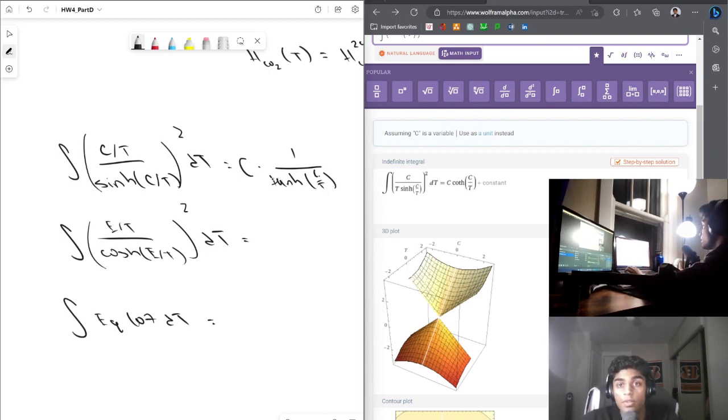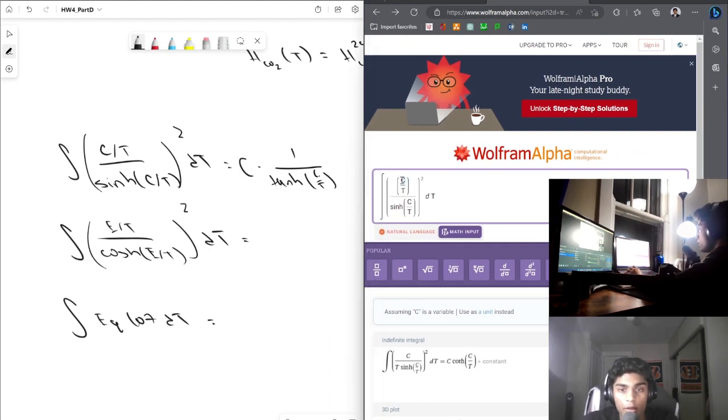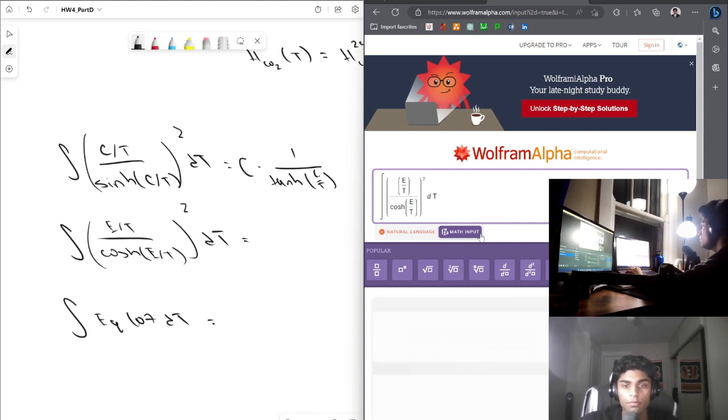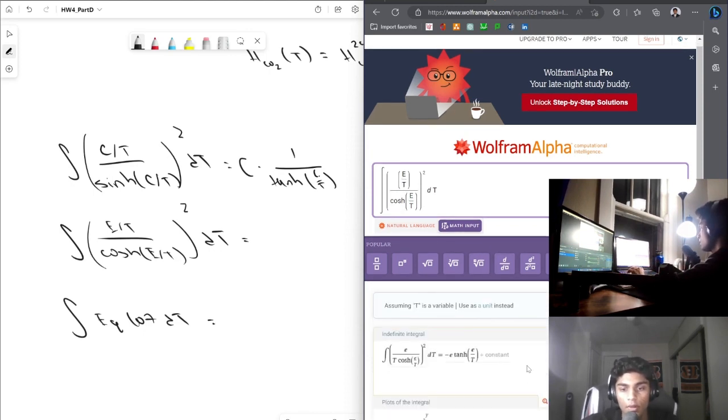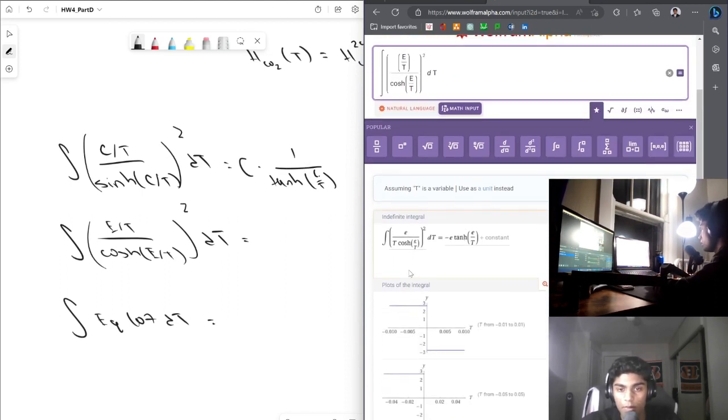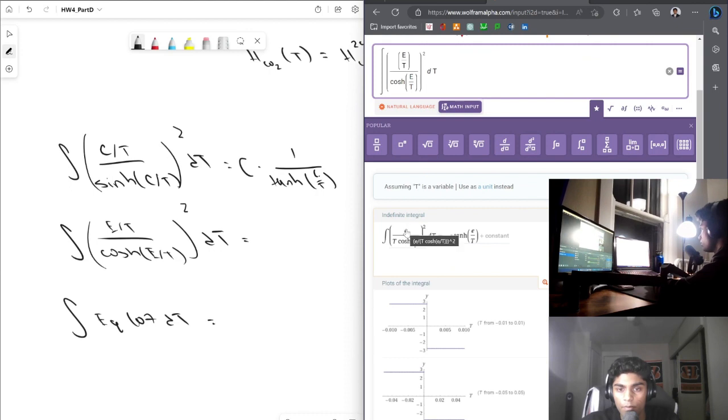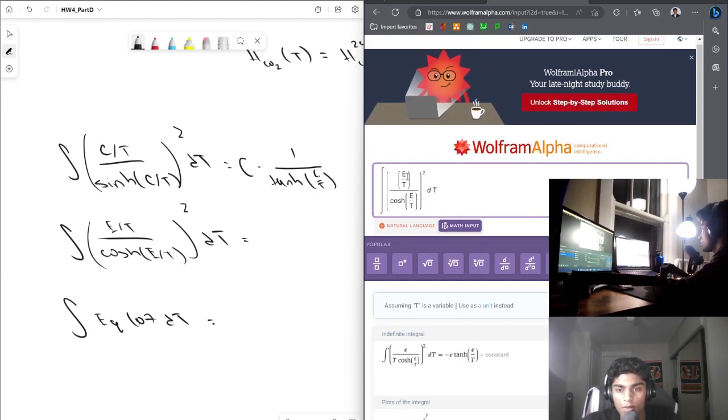And so now we can do the same thing for this e over t with cosine hyperbolic. I don't want it to detect that.